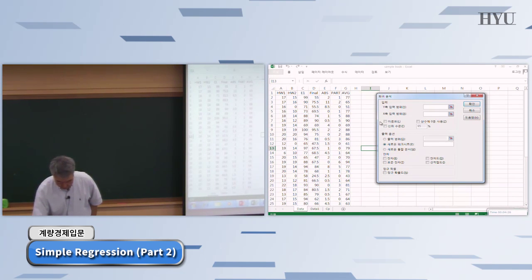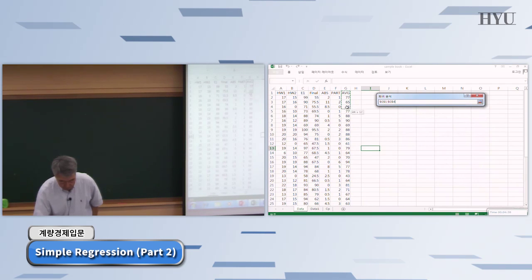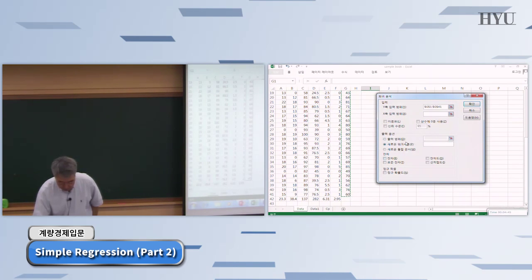Okay? So the y range should be here. Just start from the label. The first row is the label of each column. Okay? Just highlight the whole column. Okay? And then the x variable should be, of course, final exam score.